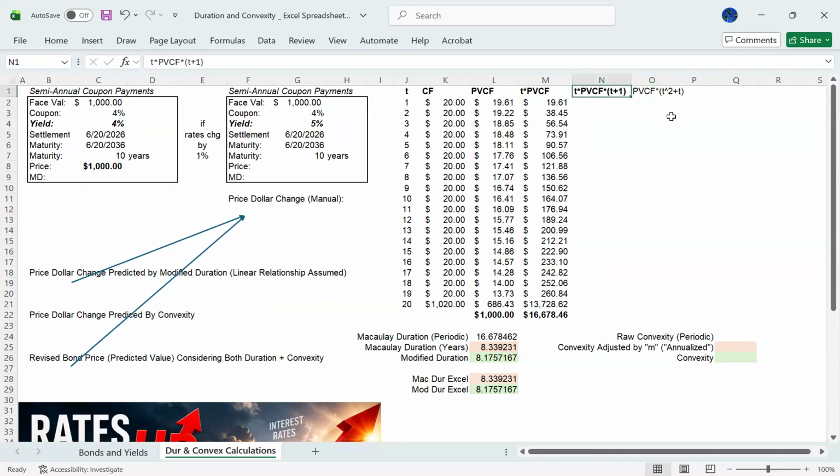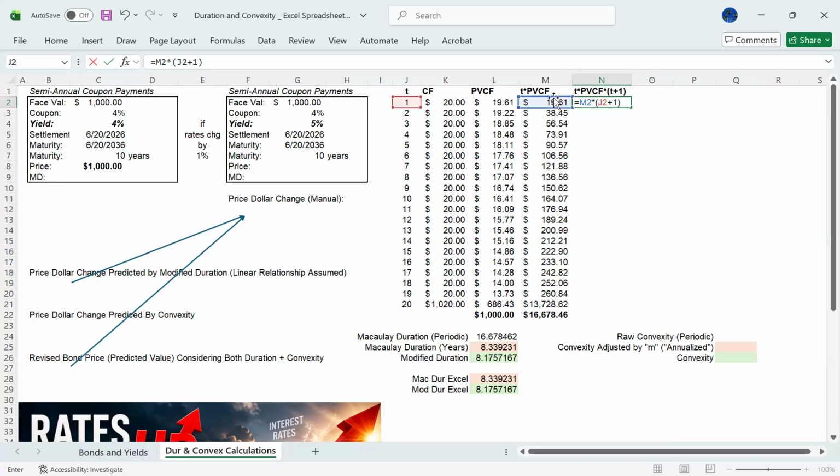If you multiply T by T plus 1, you end up with T squared plus T. Now, the advantage of this form is, and that's why I'm using it here, is to just make the point that you take the values you just calculated to get duration, and you're going to multiply that now by T plus 1.